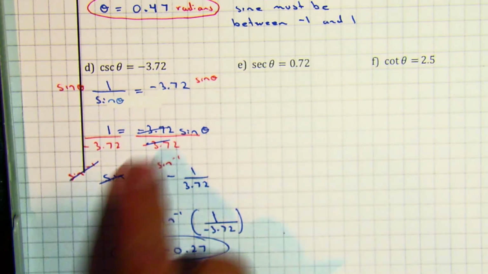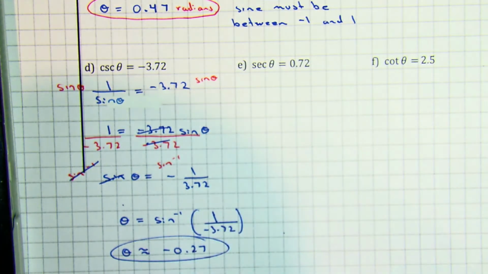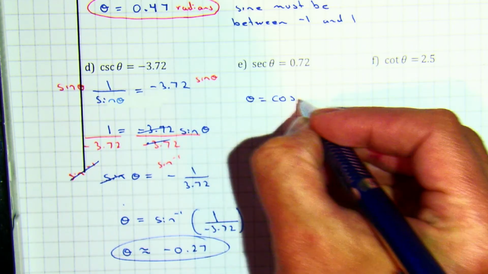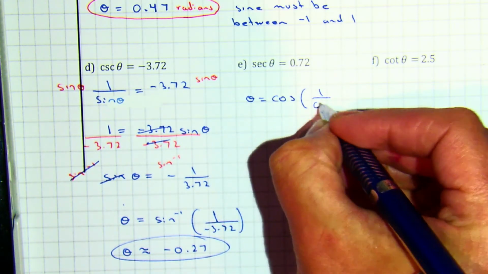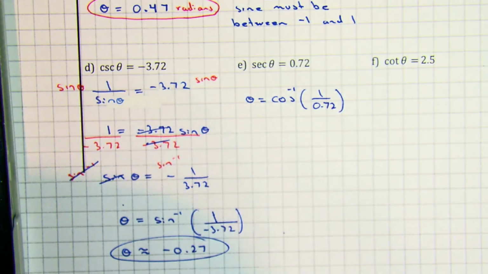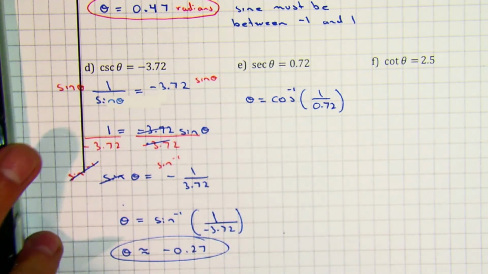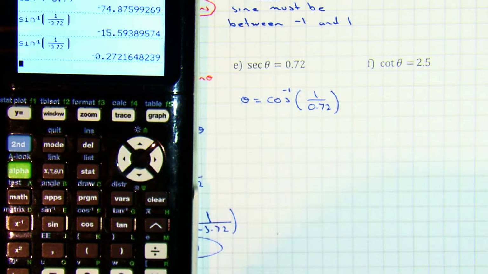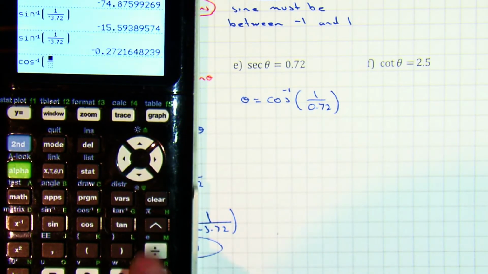So I can go through the entire process every single time, or I can say theta is equal to the cosine inverse of 1 over 0.72. Or you can develop the process as we did on B. So therefore, inverse cosine of my fraction 1 over 0.72.